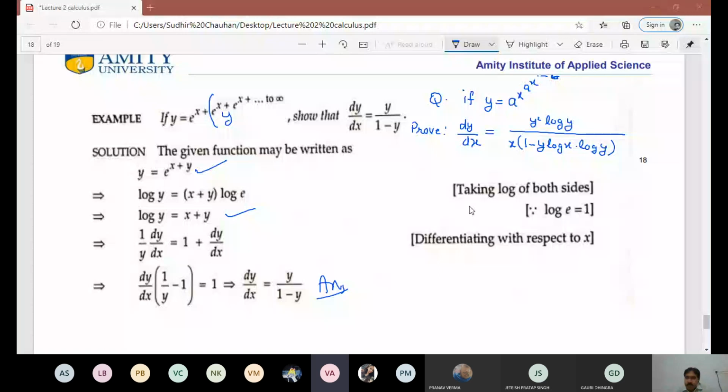And now you can easily differentiate it. Log of log a is constant, so if you differentiate, it will be equal to 0. Now you can easily do it. And the answer is there in the PPT.